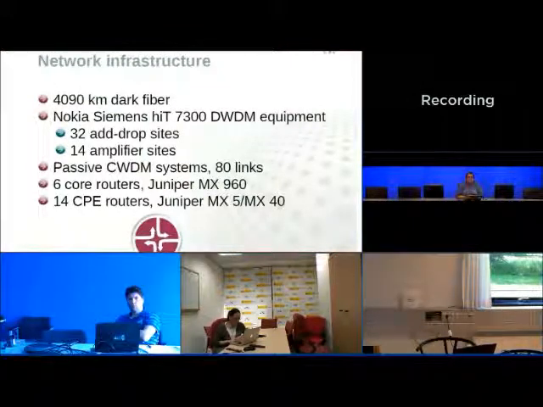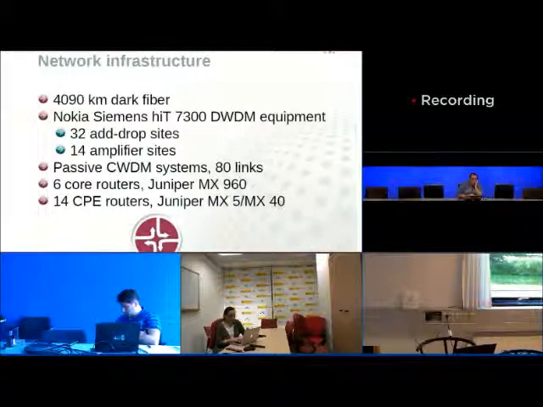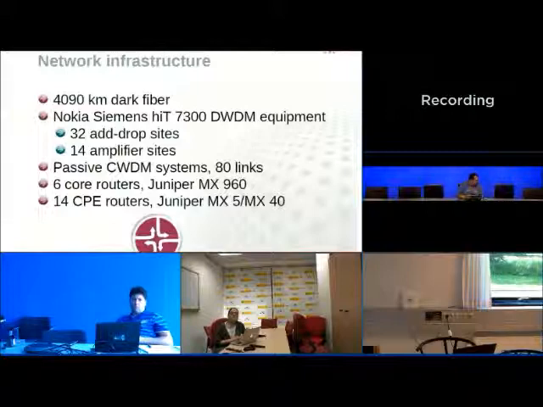Our network has 4,000 kilometers of dark fiber. It's leased fiber, and we have Nokia Siemens DWDM equipment deployed, and we have 32 add-drop sites where we exchange light bots.